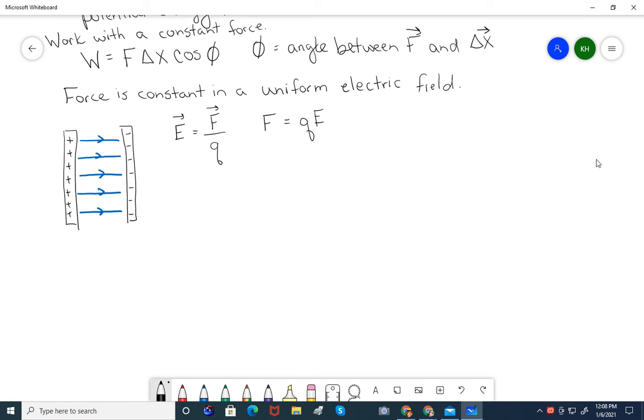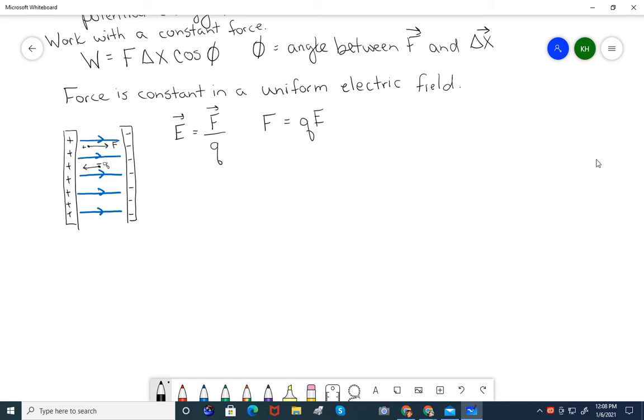If I put a little positive charge right here, it feels a force this way. The electric field points in the direction of force on a positive charge. And of course, if I put a little negative charge in here, it will, of course, feel a force opposite the electric field.